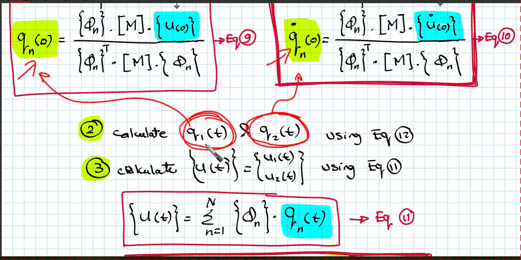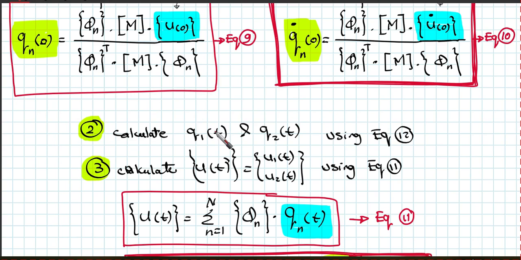So q1t is the contribution of the first mode shape, and q2t is the contribution of the second mode shape, which is the modal coordinate. And each one of them, as I have mentioned before, whether q1 or q2, gives us two components. One component is related to the contribution of the displacement vector represented by qn node, and the other term is the contribution of the initial velocity vector, which is qn dot node.